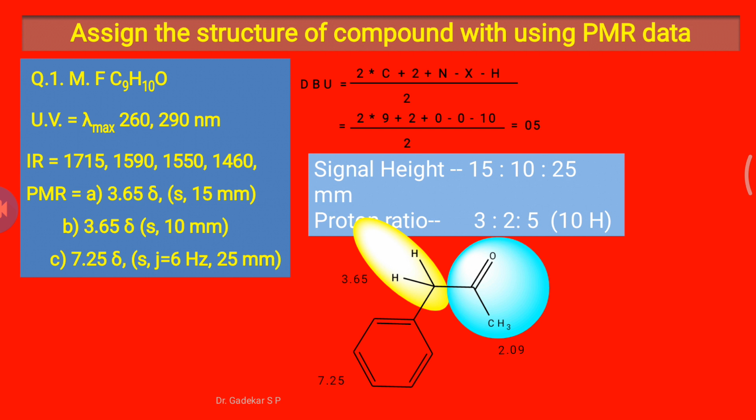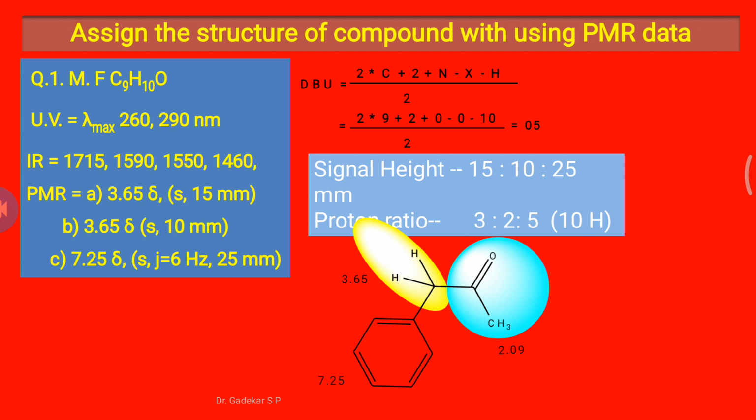Which type of functional group absorbs at 1750 frequency? Obviously the ketone group, the carbonyl group. A carbonyl group absorbs IR radiation at near about 1715 centimeter inverse.